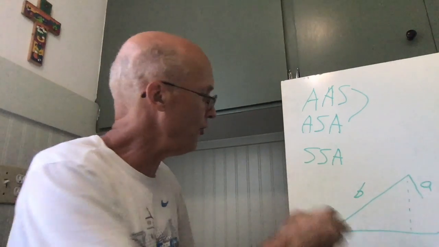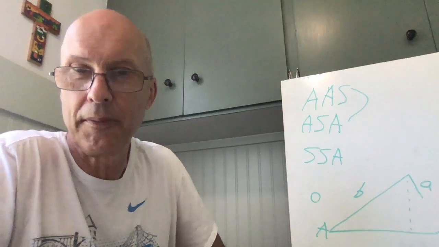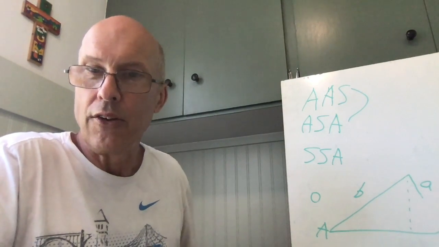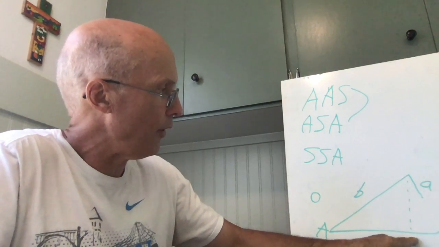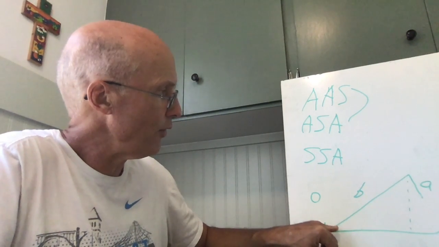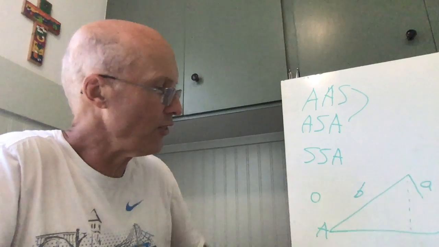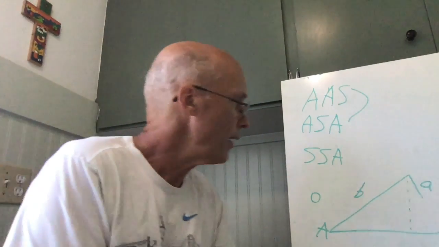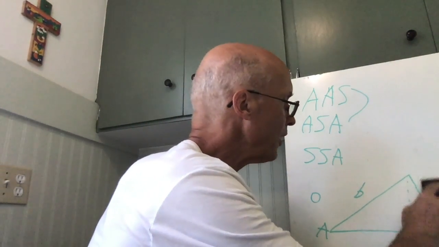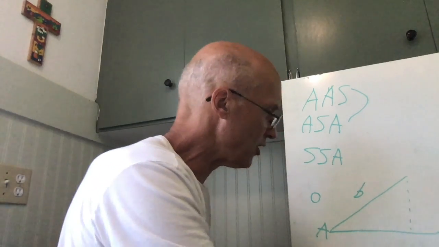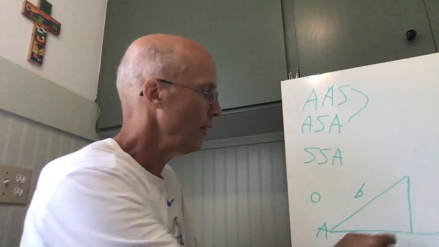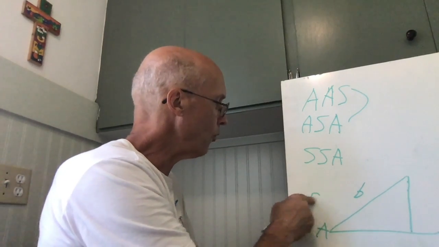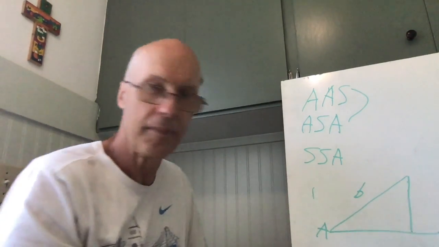There's going to be 0 triangles in that case. So if A is not long enough to reach all the way down there, depending on what that angle is, and depending on that length, it's going to make 0 triangles. If A just perfectly comes down, is just the right length to touch, then you're going to have only one triangle.